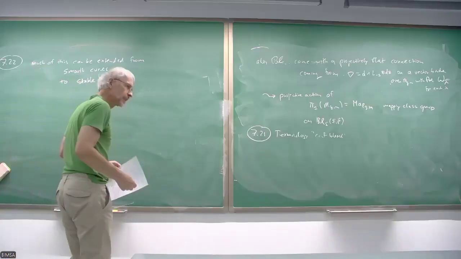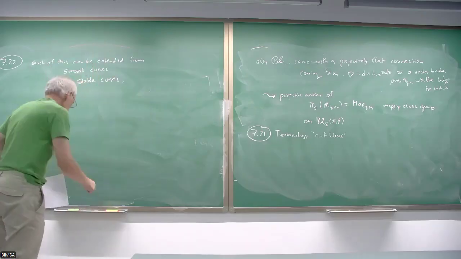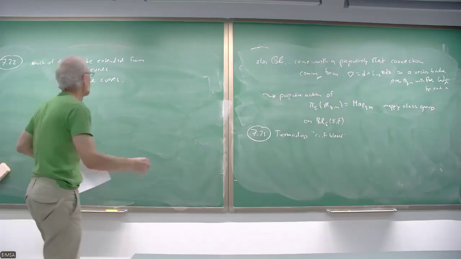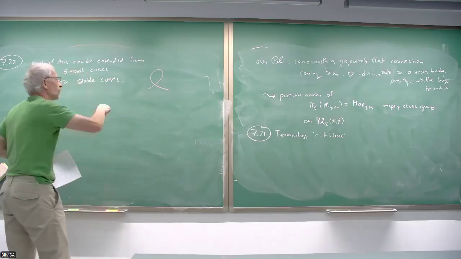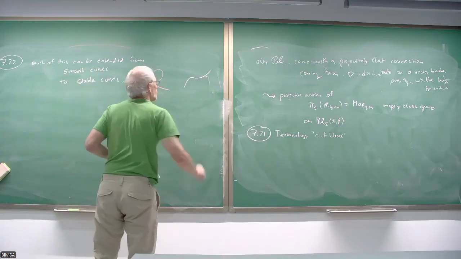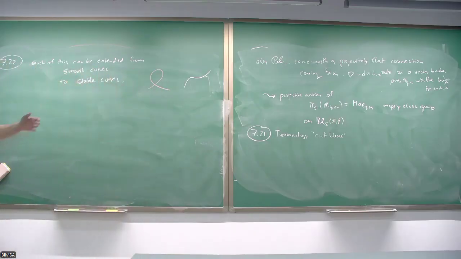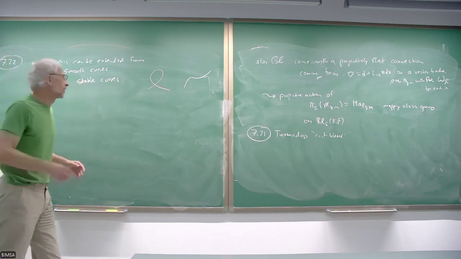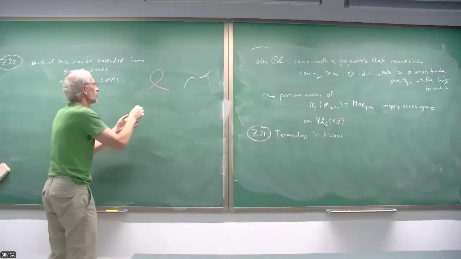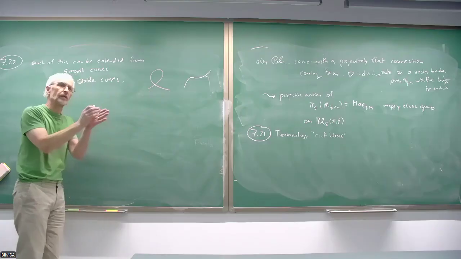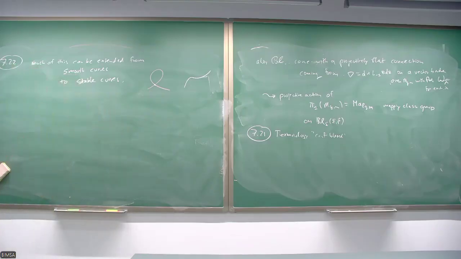And for this one allows for some mild type of singularity, which one might indicate as follows. So if this would be a curve without singularities, and here I have a singularity, there's a process of blowing up this singularity, which somehow amounts to adding a further dimension here, so that this point where I have a singularity is split into two points, and then this can be done in a nice way.